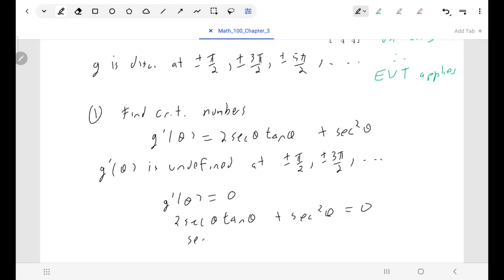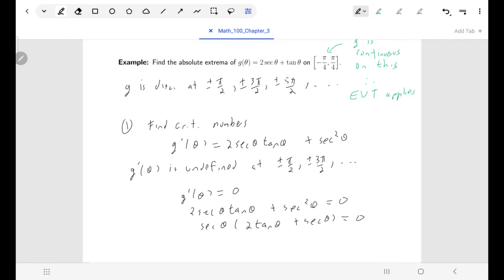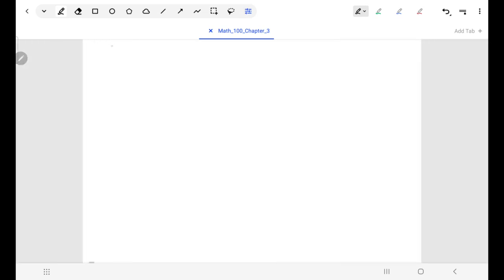I could factor the secant out, giving me 2 tangent plus secant left behind. And now that I have things factored and equal to 0, I can say that secant is equal to 0 and 2 tangent plus secant is equal to 0.